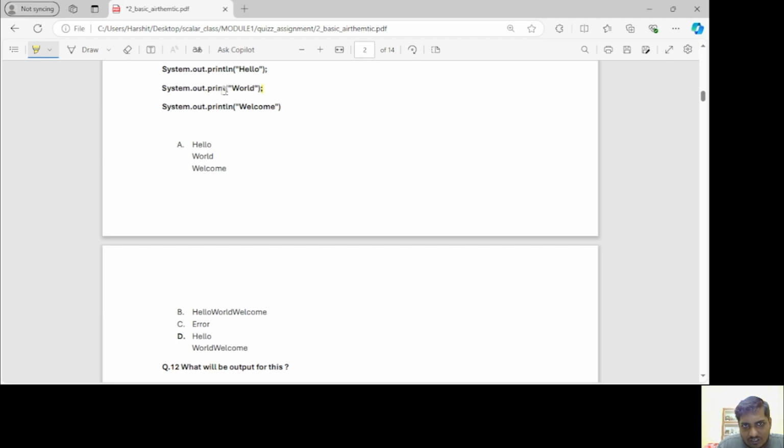But the ln is not here, so will the cursor move to the next line or not? It will not move to the next line, so the welcome will be printed here. So here hello will be printed in the first line, and the second word welcome will be printed on the second line. So the answer of this is D.